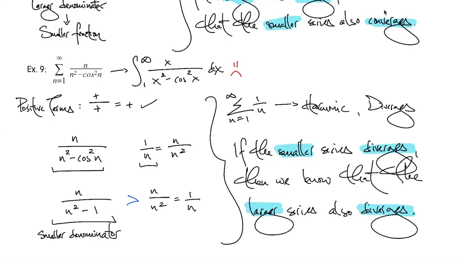If they ran the race in 20 minutes, it means I ran the race faster than 20 minutes because I finished ahead of them. So that's kind of like this smaller one diverges and the larger one does too.